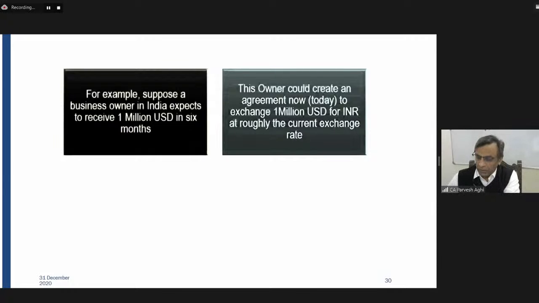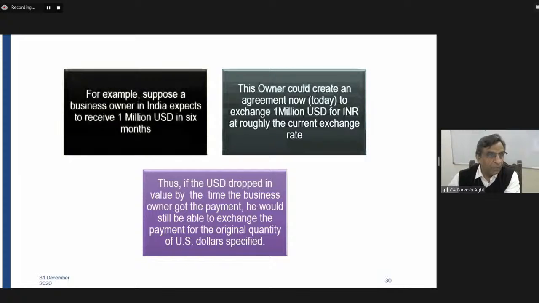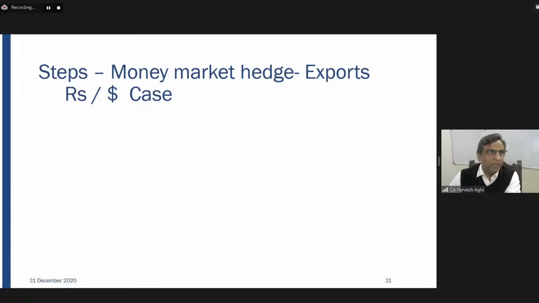This way he is going to hedge himself. Thus, if the US dollar dropped in value by the time the business owner got the payment, he would still be able to exchange the payment for the original quantity specified. So he is hedging himself by using these techniques, and we'll understand this through an example.